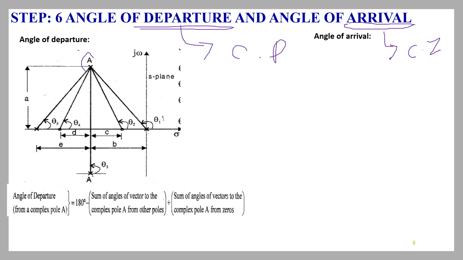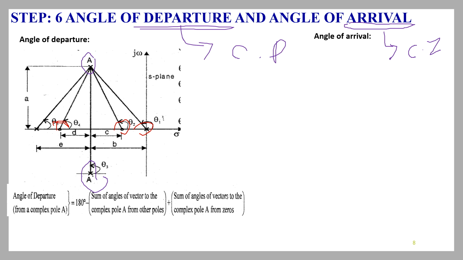Here my complex poles are named A and A star. So we have complex poles and complex zeros. Now from all the real poles and real zeros, you connect to the complex pole, any one of the complex poles. I have joined to A. Now using your protractor, you measure the angles of all poles with respect to the negative real axis. Measure as per the arrow directions given. Keep your protractor here and measure the angles.